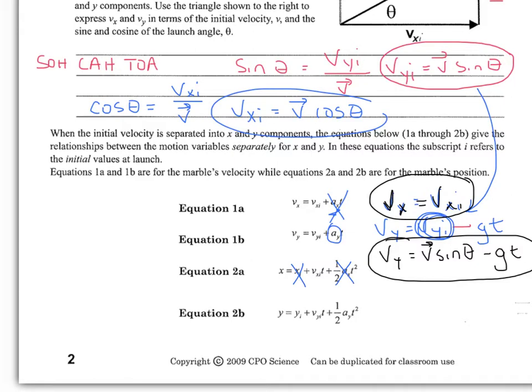That allows us to simplify and say that x equals Vxi times t. We can substitute into that even further and say that it's V arrow times t times cosine theta.